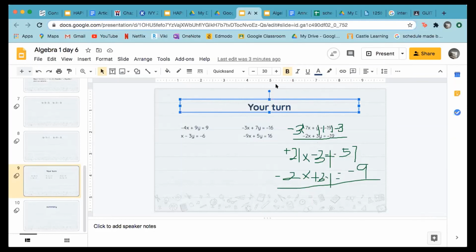I want to make sure that in at least one of them, it could be either the y value or the x value, right? I want to make sure one of them has the same number but different signs. So here in the orange, you can see they're both 3, right? But the thing is they have different signs.